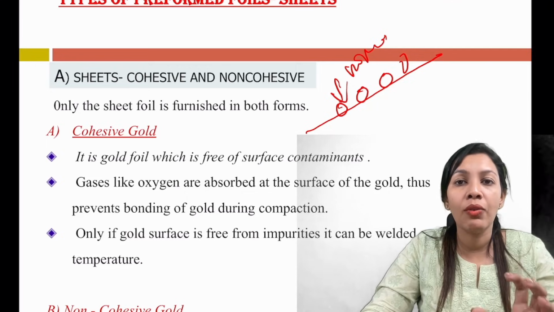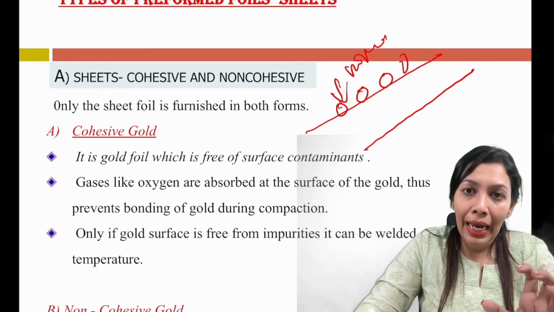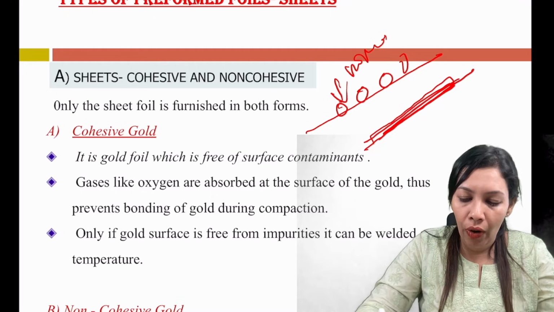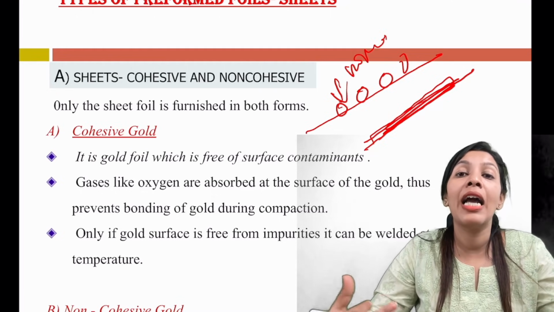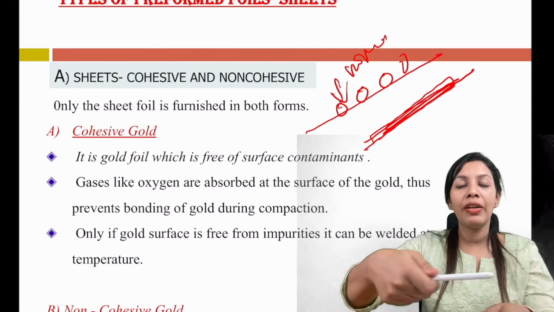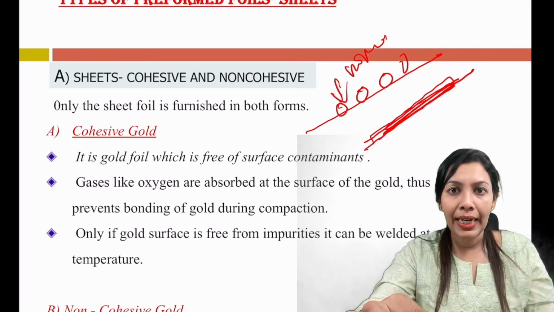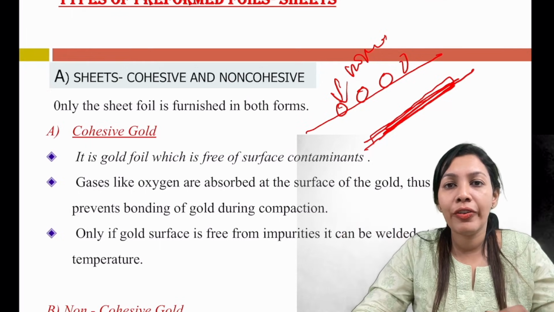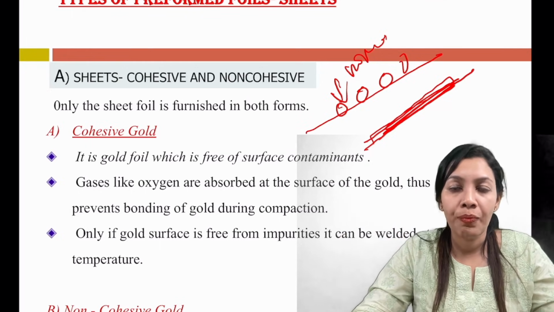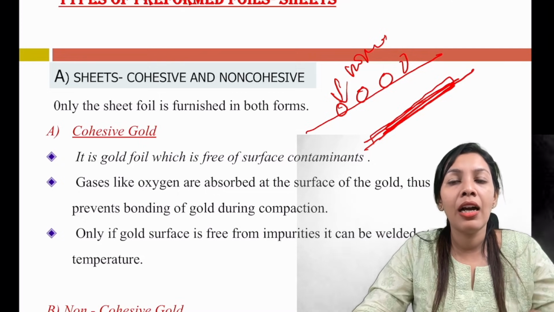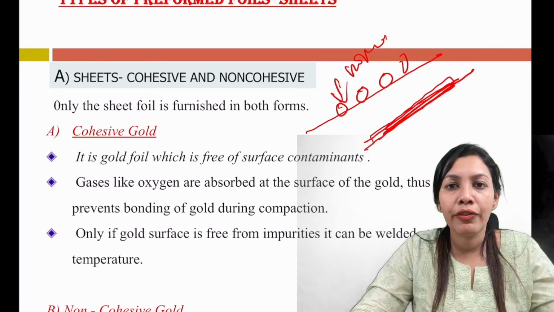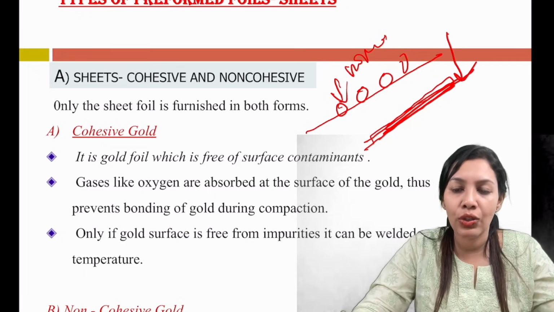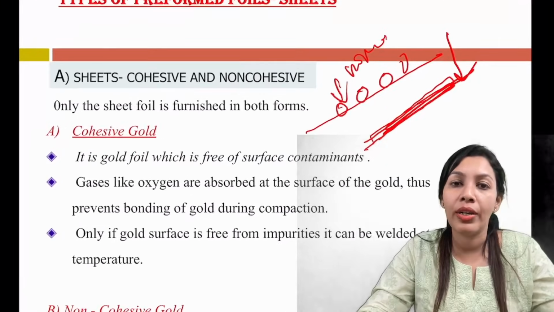So for protection, we purposefully add a layer of ammonia on the surface of the gold foil, because ammonia is a highly volatile gas. Even though we heat the gold, it will get evaporated. But if a non-volatile gas gets attracted to the gold surface, it won't go. That is why we deliberately add ammonia to the surface of gold foil, to prevent other non-volatile gases from attaching to its surface. This is called non-cohesive gold.